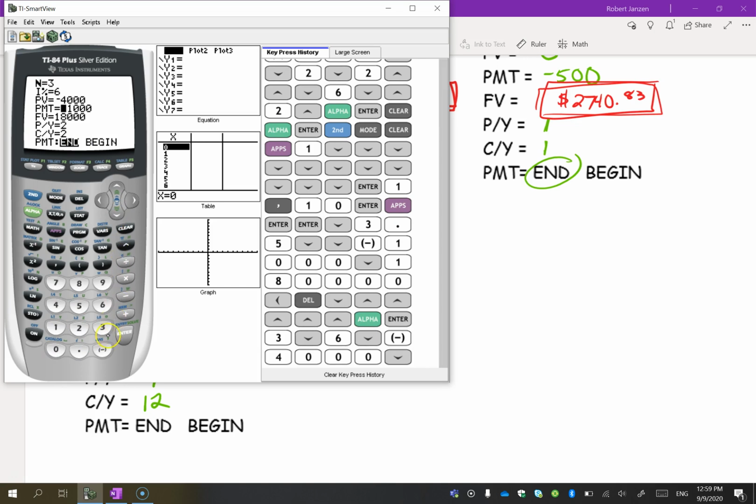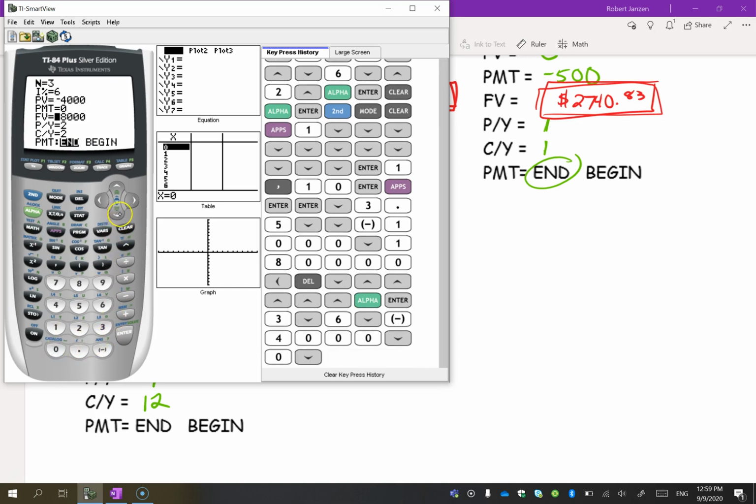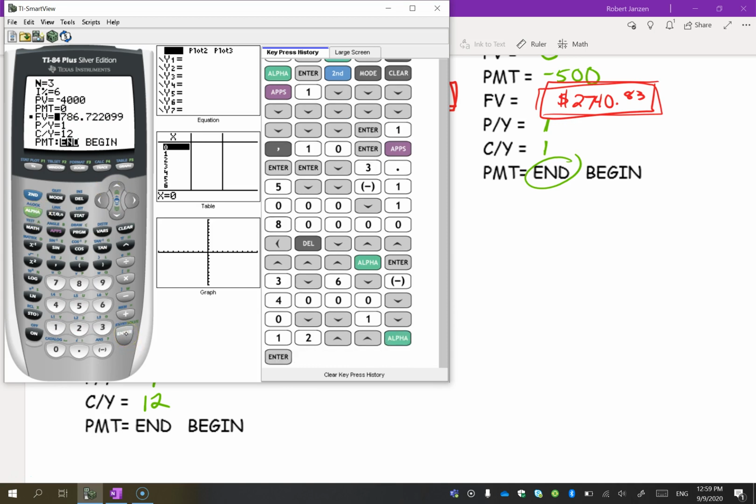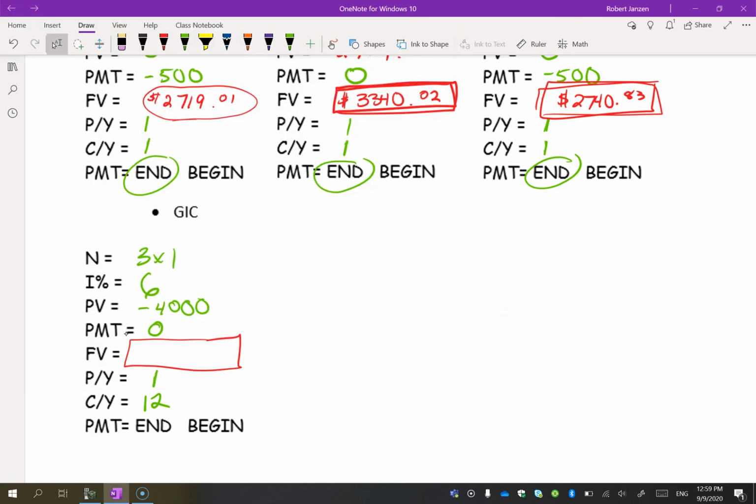We're going to put no payment in. This is going to be 1. This is going to be 12. So what is the final value? The final value is $4,786.72.